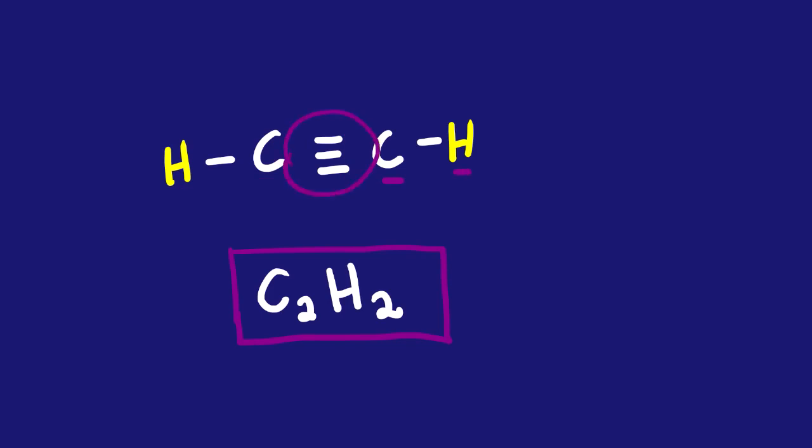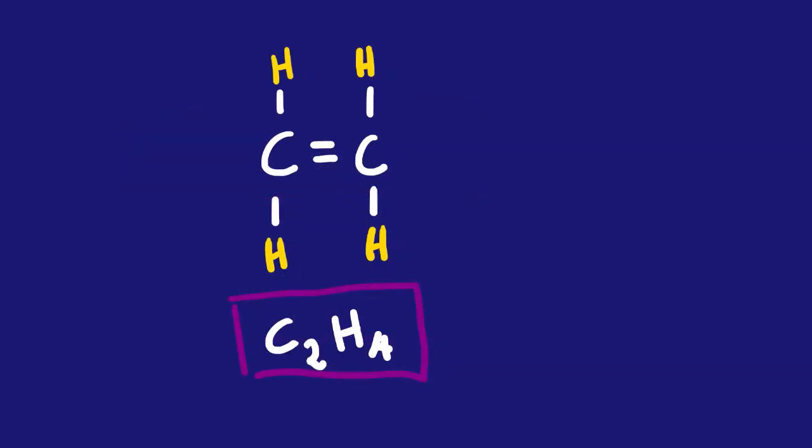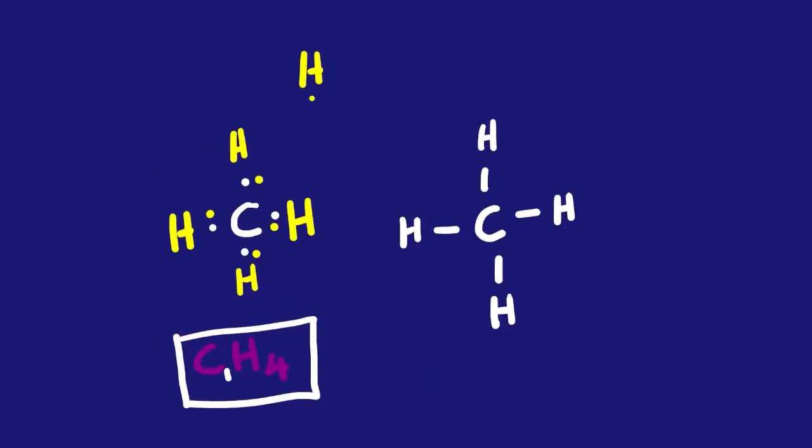So we say this is a structural formula. So we have a structural formula and also a molecular formula. Looking at this example, this is our structural formula, this is our molecular formula. Looking at the next, this structural formula, then this will be our molecular formula.